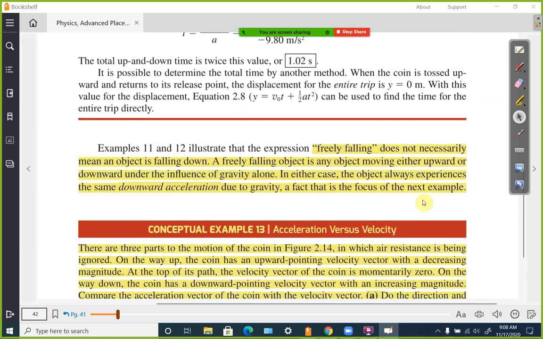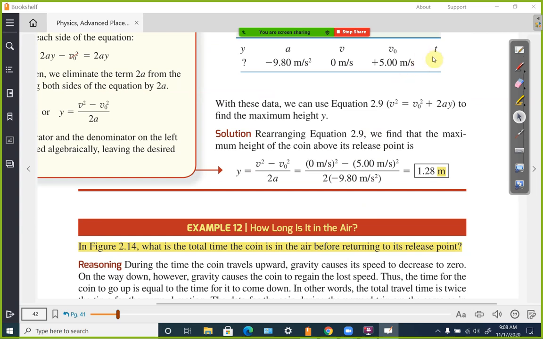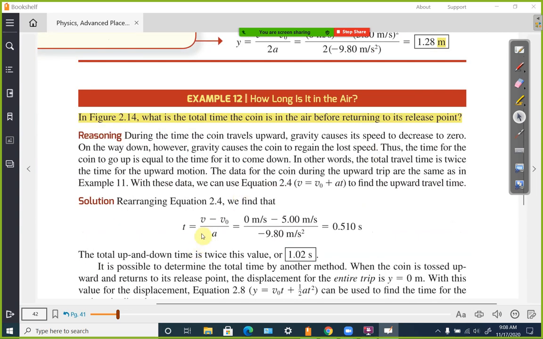So they're going to use that information from up here, and they're going to solve for time using this equation right here. There's the equation that they're going to use, which we know all these things.